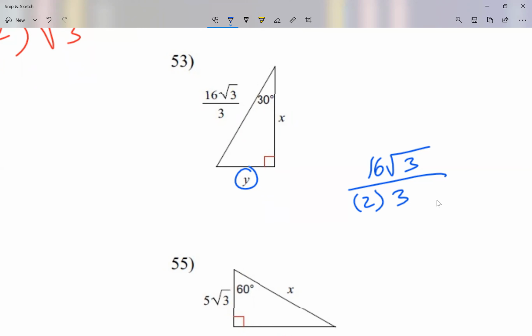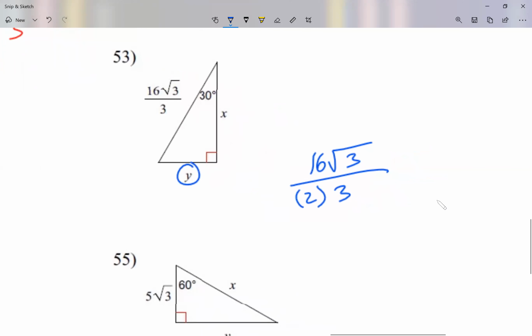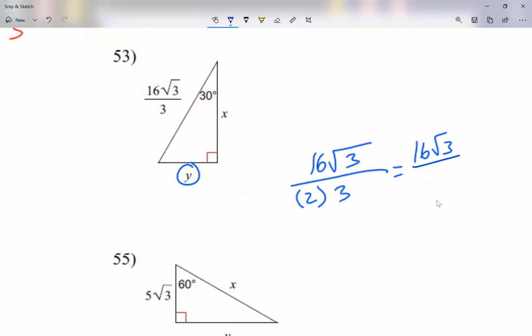Now, there are two ways you can look at this. You can call this 16 radical 3 over 6, because I multiply the two numbers at the bottom. When I look at my fraction, 16 over 6 can be simplified to 8 over 3, because I divided each by 2.